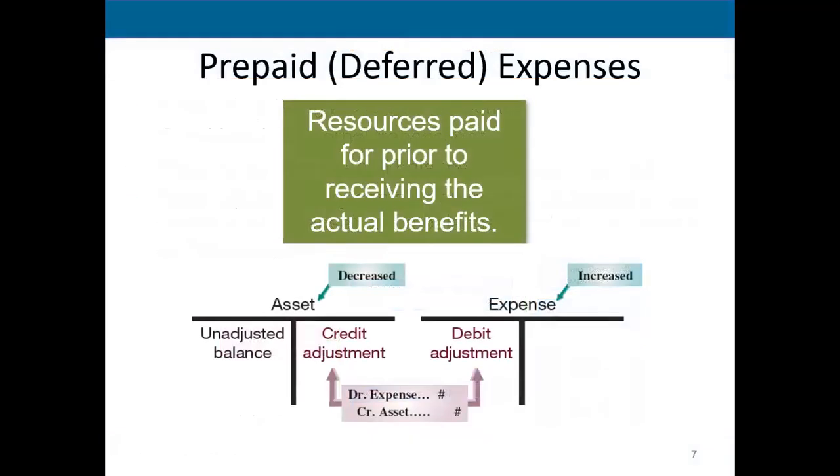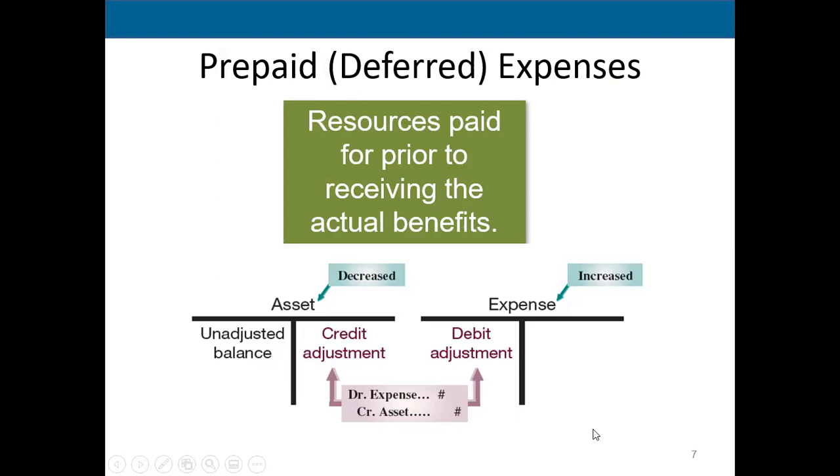Okay, so with prepaid expenses, to adjust this account, we're going to, just like we see down here, debit the expense, credit the asset. Right? So when we adjust prepaid expenses, we debit the expense, we credit the asset.